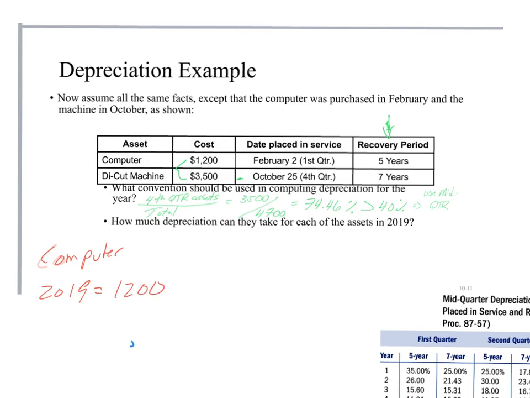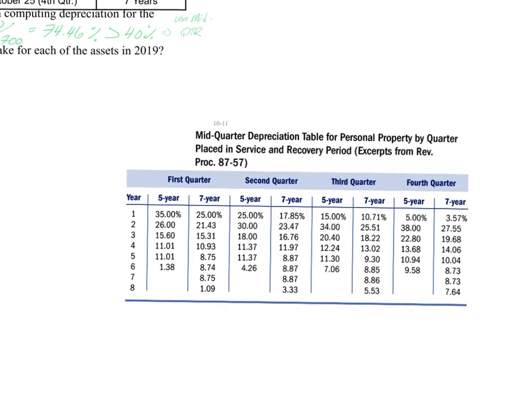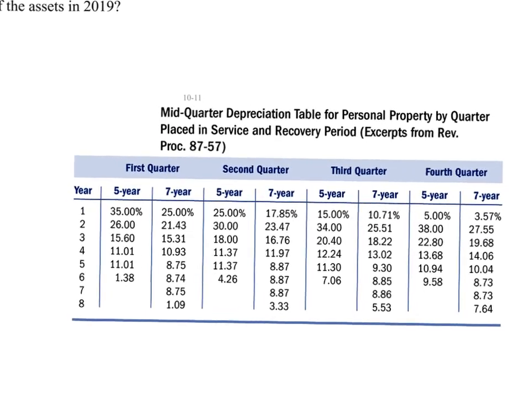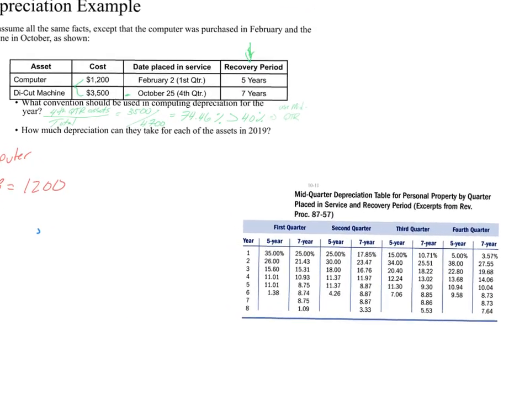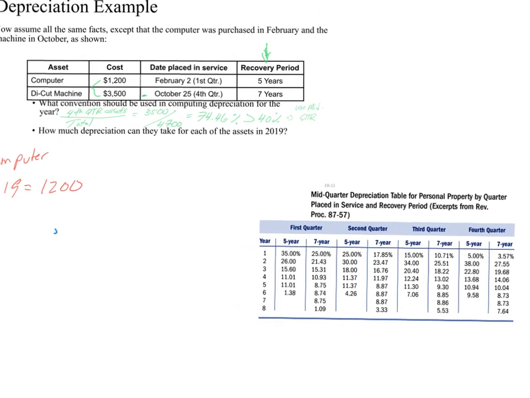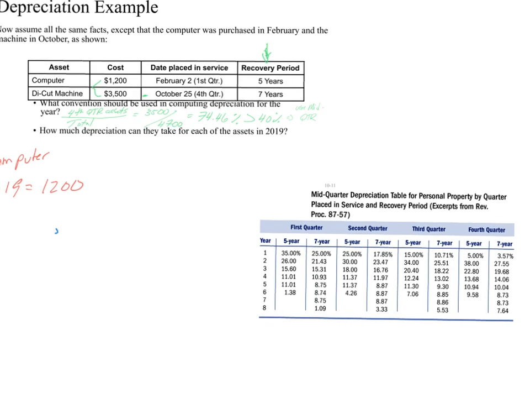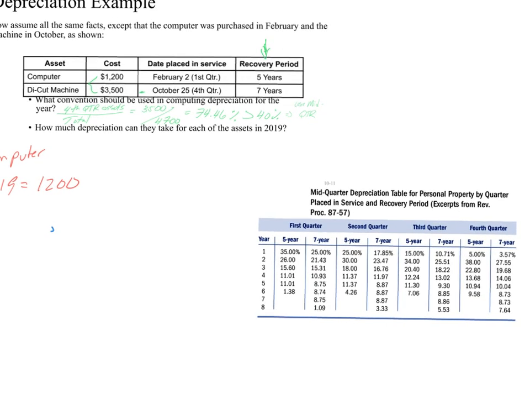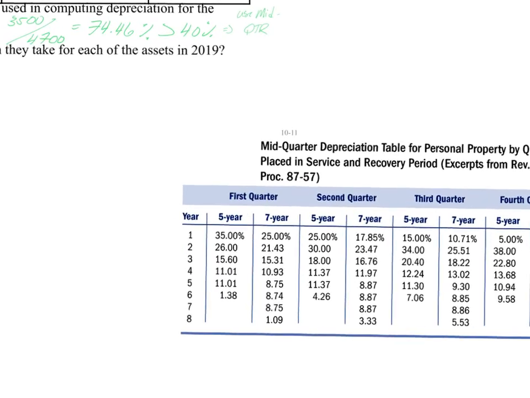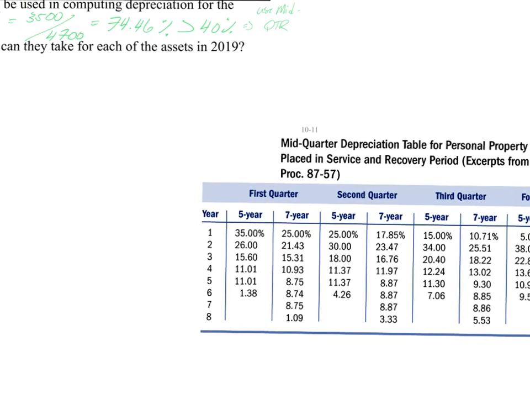All right, and now I've inserted the mid-quarter convention table, a piece of it in here. And so now you have two things that you have to look at. You have to look at its recovery period, and you have to look at the quarter that it was placed in service. So our computer was placed in service in February, which is first quarter, and it's got a recovery period of 5 years.